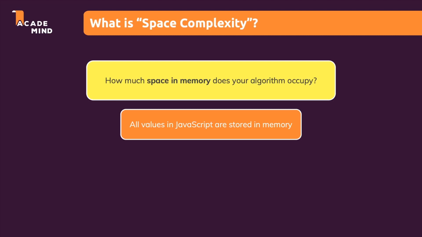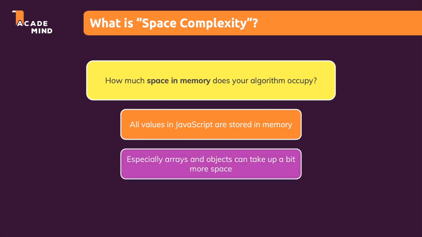And all that memory usage is managed automatically by your JavaScript engine, so by the browser, for example. Of course, especially arrays and objects can take up a bit more space in memory though. Therefore, when we judge space complexity, we typically focus on those. But I don't want you to think that only arrays and objects are stored in memory.